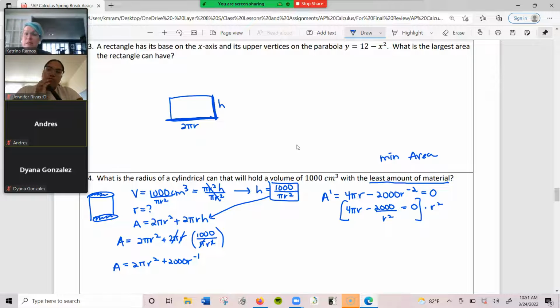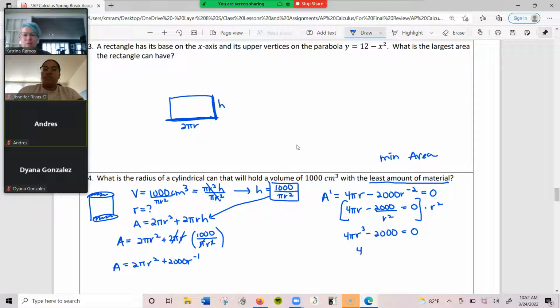Because if I distribute it, it's going to cancel out here. Do you get what I mean? So 4 pi, and then it's r times r squared, so r to the third, minus 2000, and then the r squared will cancel, is equal to 0 times r squared, which is still 0.